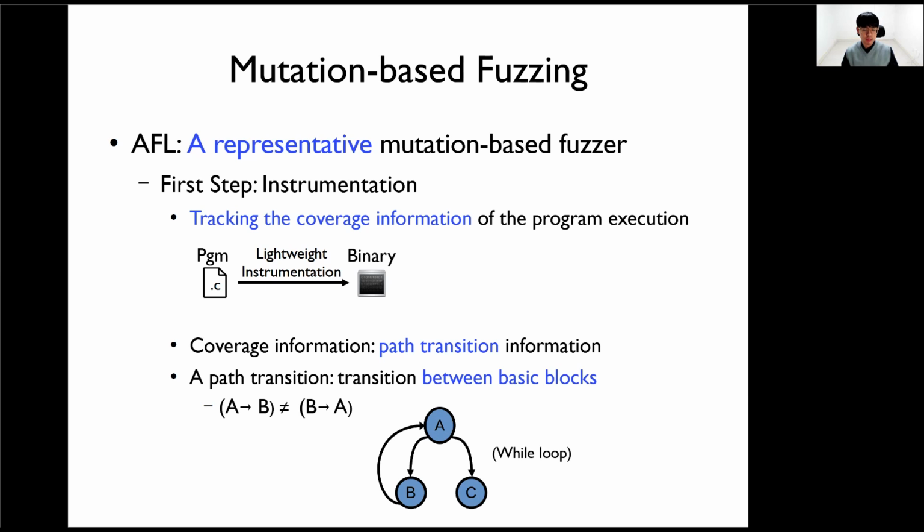In this while loop, the transition from A to B is different from the transition from B to A. And please note that the default version of AFL uses the path transition as coverage information to guide the fuzzer effectively, but it can use other types of coverage information such as branch coverage as well.